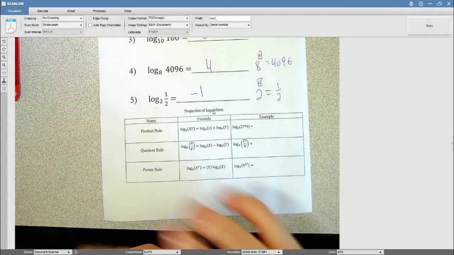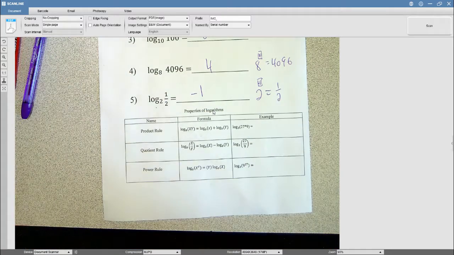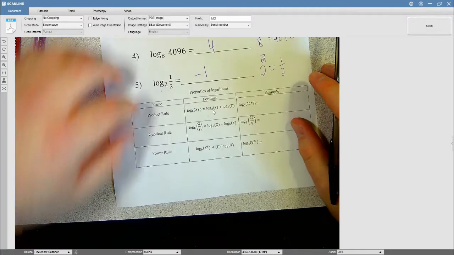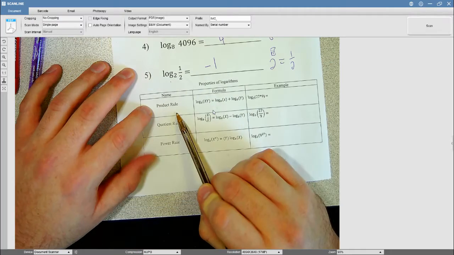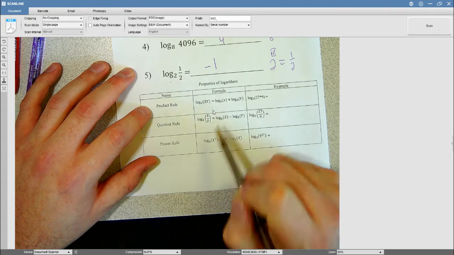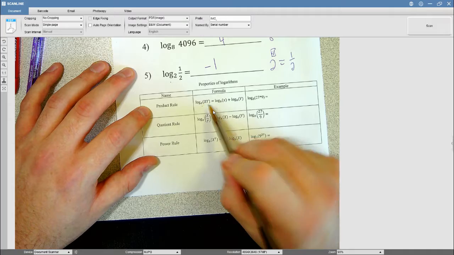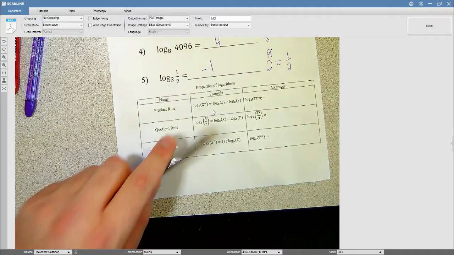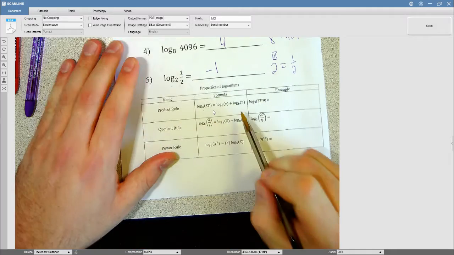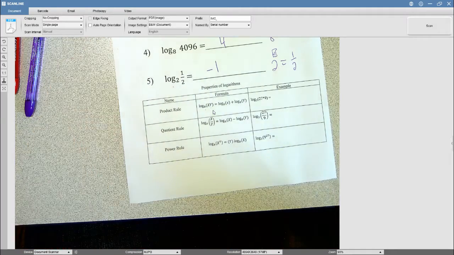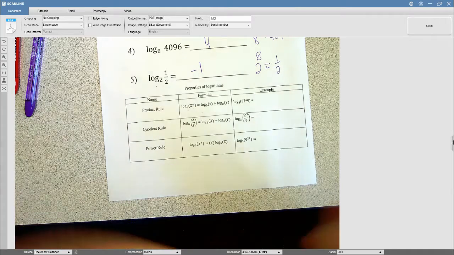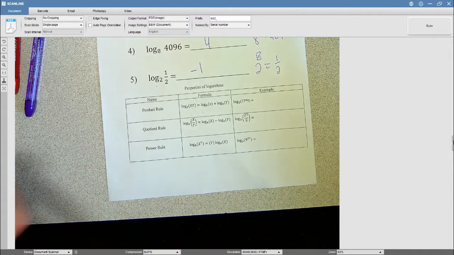All right, let's talk about some properties of logarithms. The first property is called the product rule, and that says if you have the log base b of xy, you can break up these two terms into log base b of x plus log base b of y. And the beauty here is that the logarithm actually turns multiplication into addition.